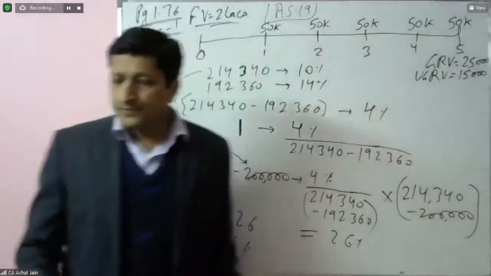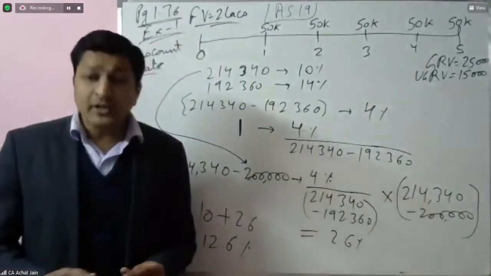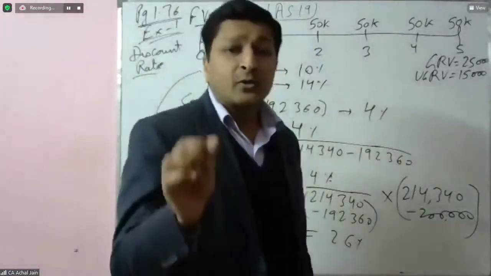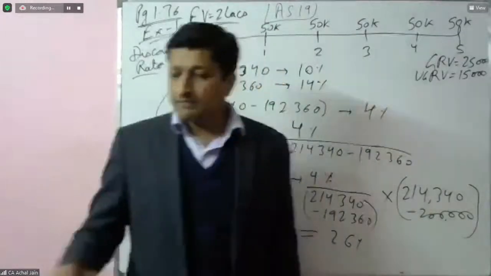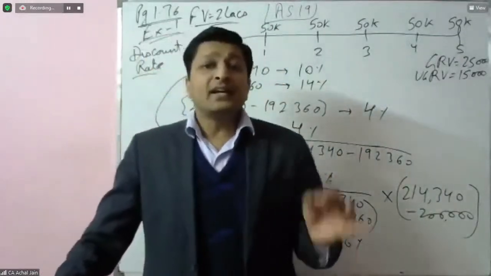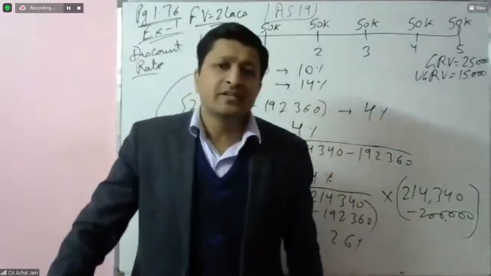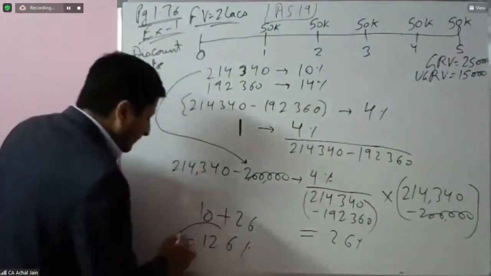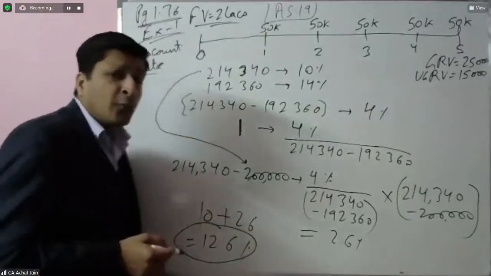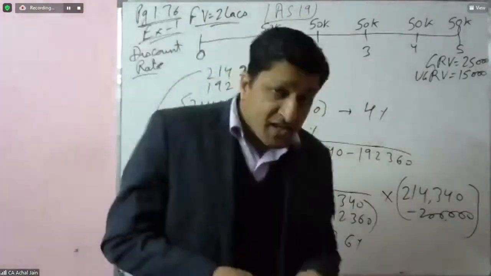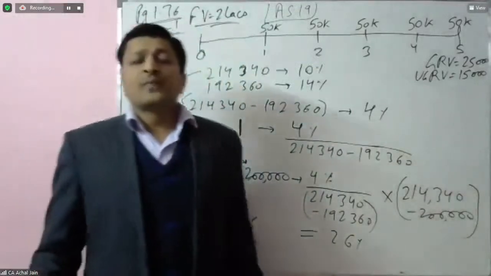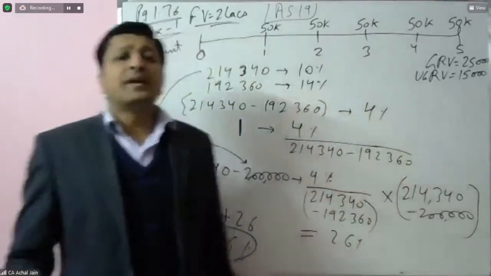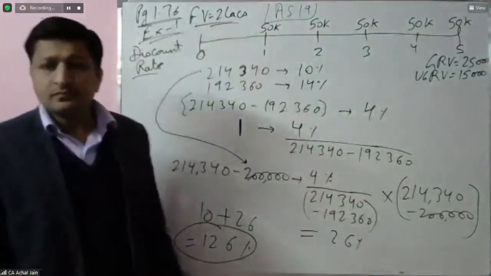Clear on this? Now, this is the method which you need to apply whenever the question requires you to compute two things. One, the interest rate implicit in the lease. What is the interest rate implicit in the lease? 12.6. What do you mean by this rate? Such a rate using which the present value of MLP plus the UGRV will become equivalent to fair value.